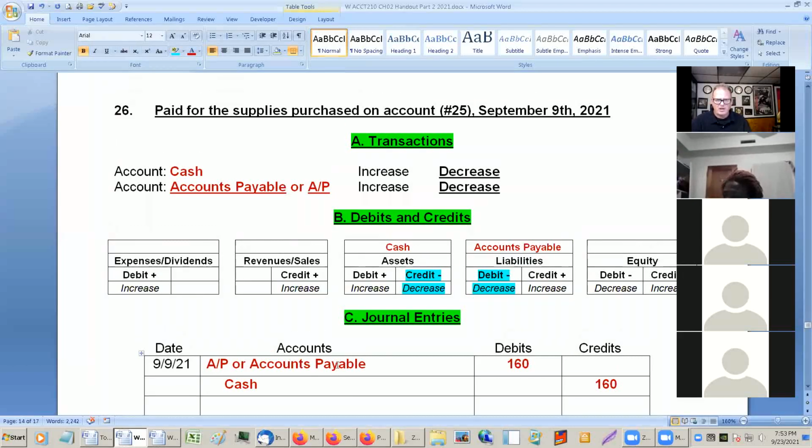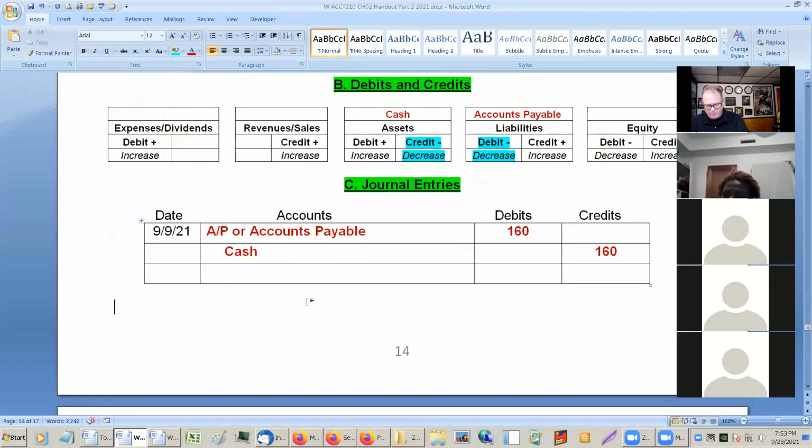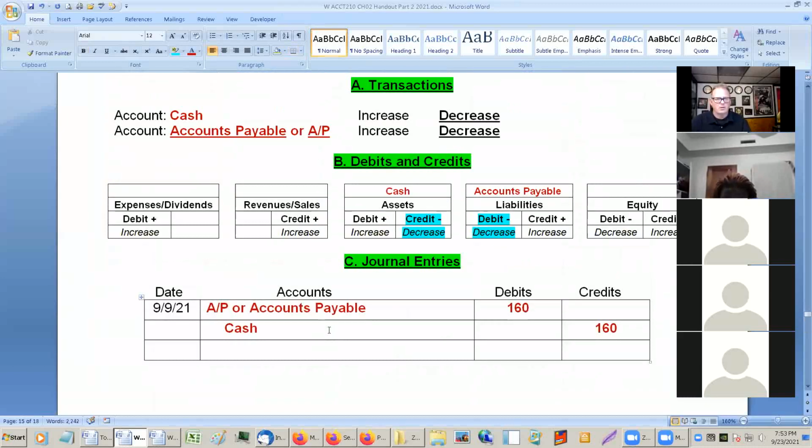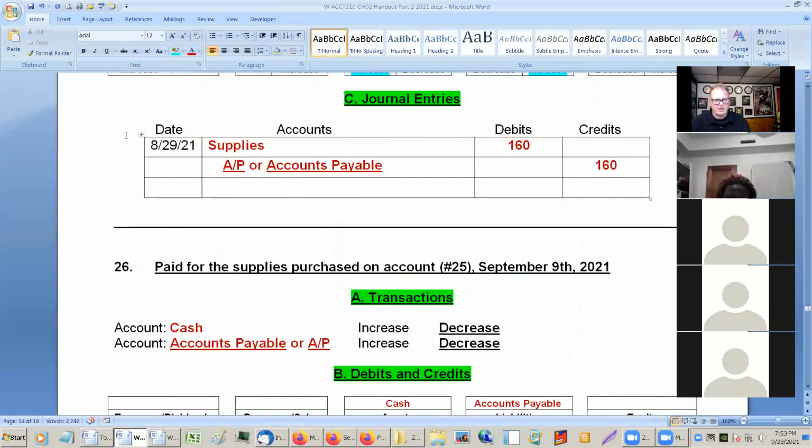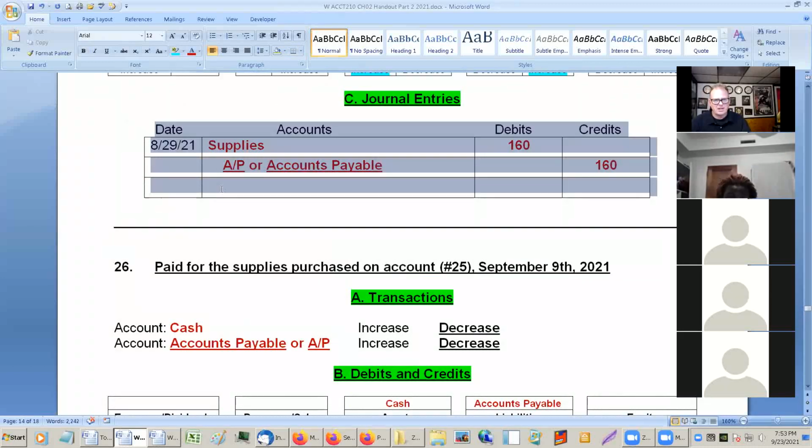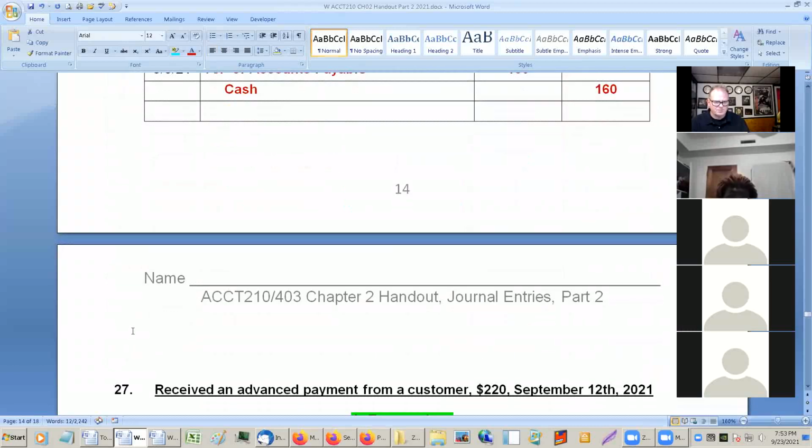Journal entry. Now here's the point I wanted to make with this one. I'm going to copy these down so you see what they call the cycle of it.